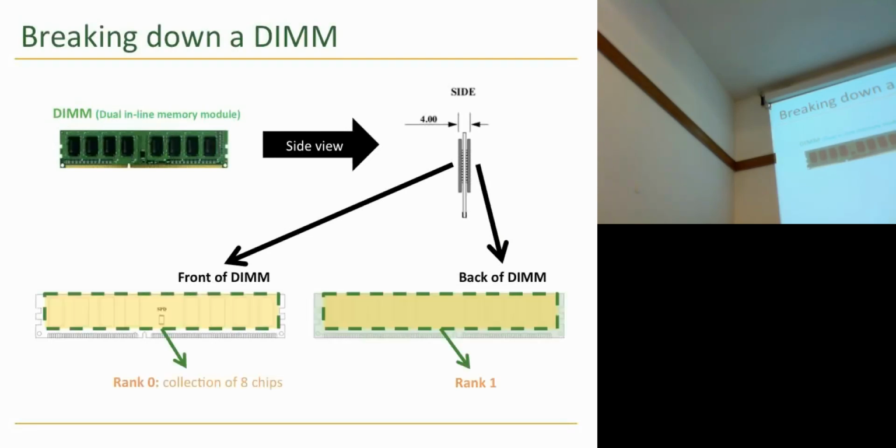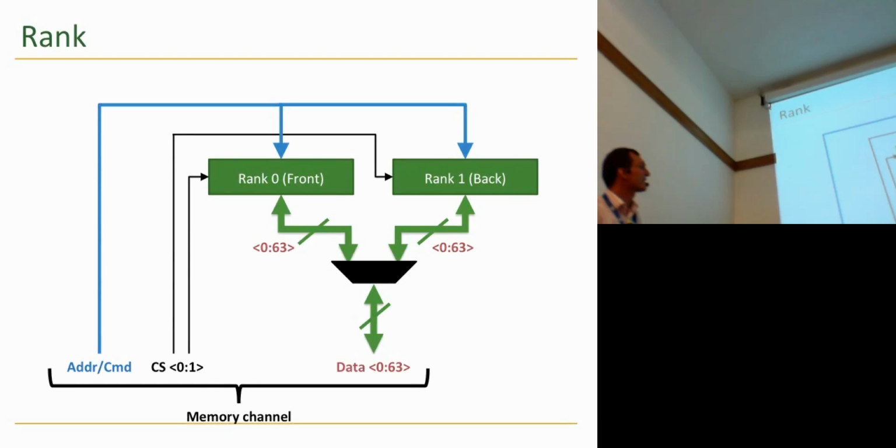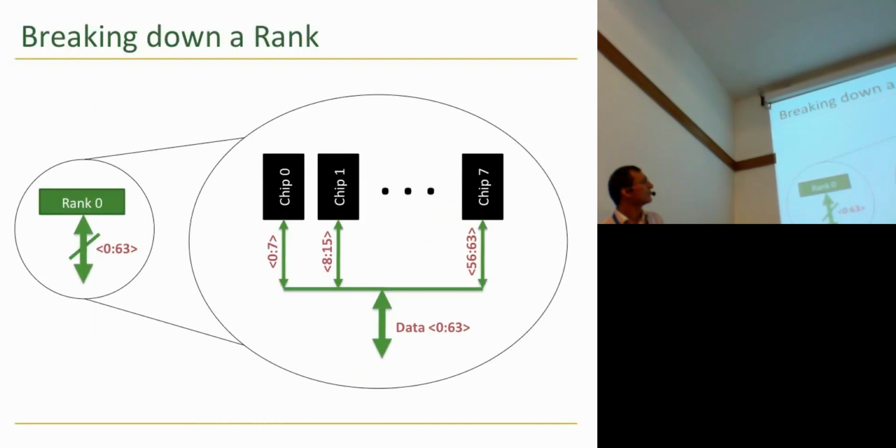Basically, it can have multiple sides, and each side can be a rank. And a rank is a collection of 8 chips. Each rank shares the address and command buses because they respond to the same thing with different data elements. And they share the data bus. Over here, it's just muxed out. Let's break down that rank. This is the rank that we have. And each chip provides different pieces of the 64 bits.